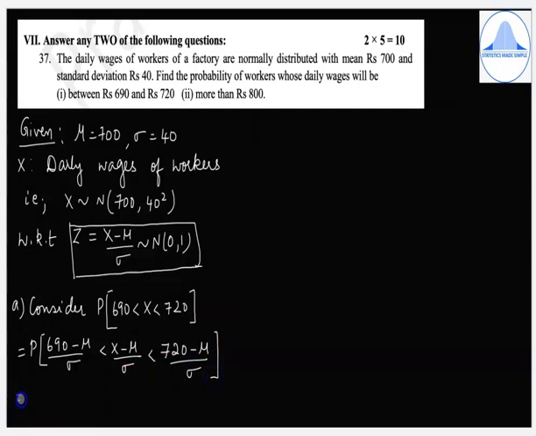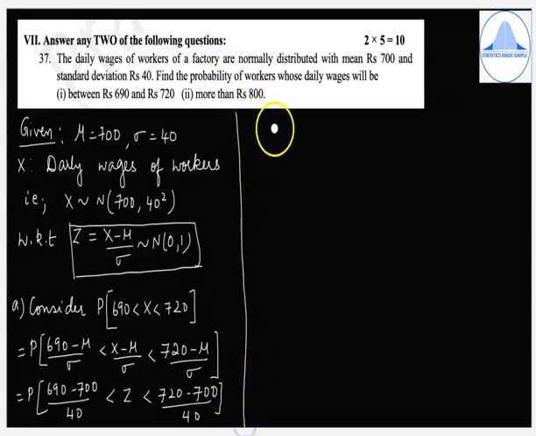Which is equal to probability of 690 minus 700 divided by 40 is less than Z is less than 720 minus 700 divided by 40. After we simplify, we'll get minus 0.25 is less than Z is less than 0.25.